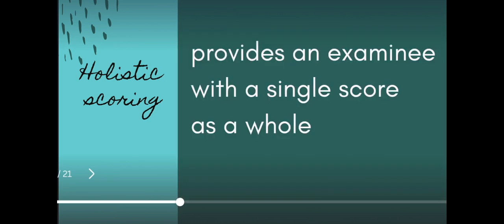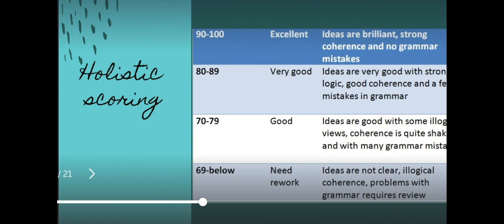Because holistic scoring provides an examinee with a single score as a whole. And that is why, if we look at this, it will now give you an idea of how this differs from analytic scoring.